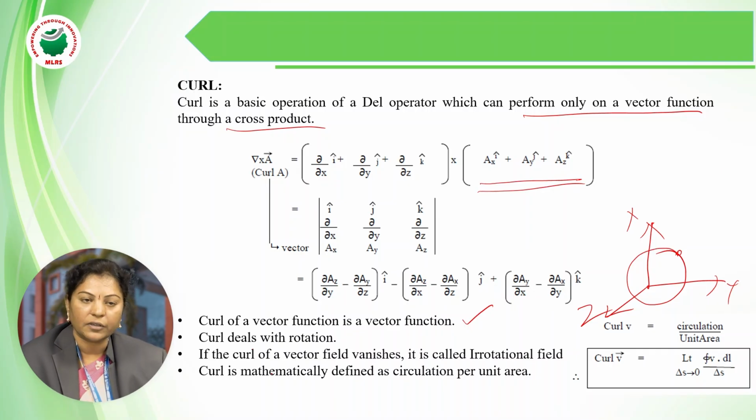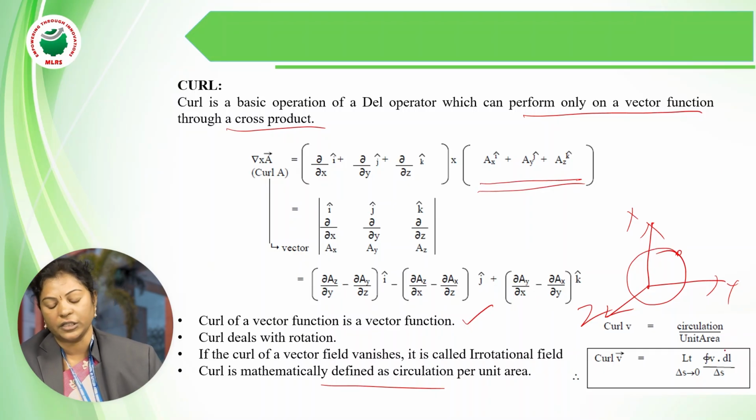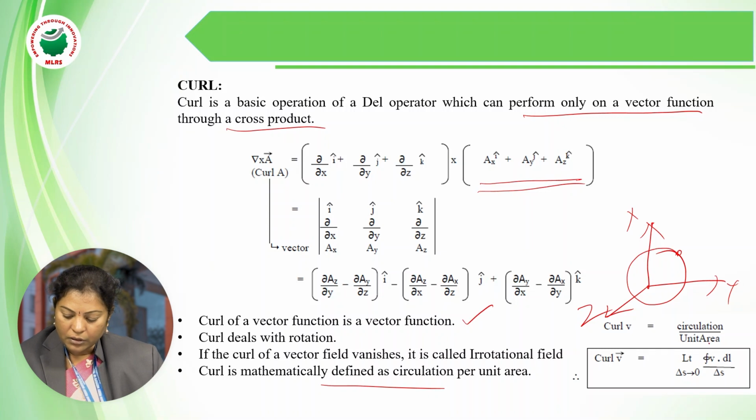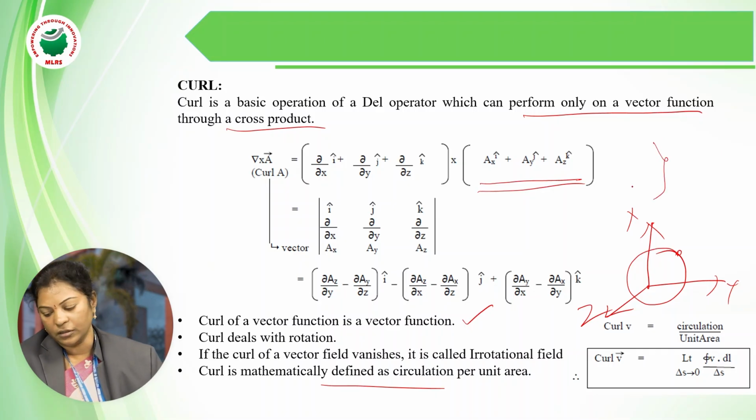If the curl of a vector field vanishes, it is an irrotational field. Next, curl is mathematically defined as circulation per unit area. So curl V equals the limit as delta S tends to 0 of the closed integral of V dot dl divided by delta S. All these are vector analysis basics.